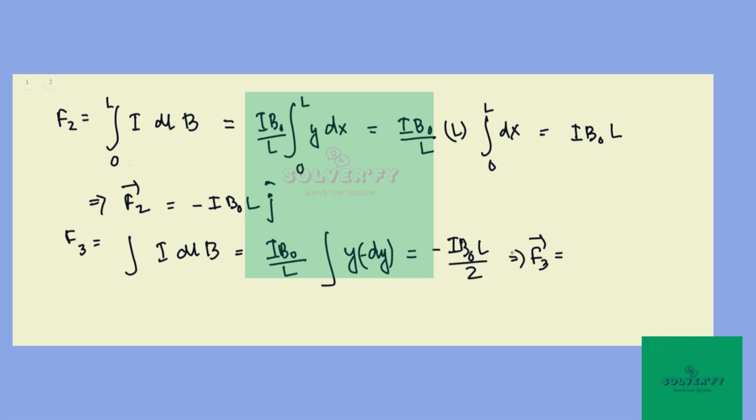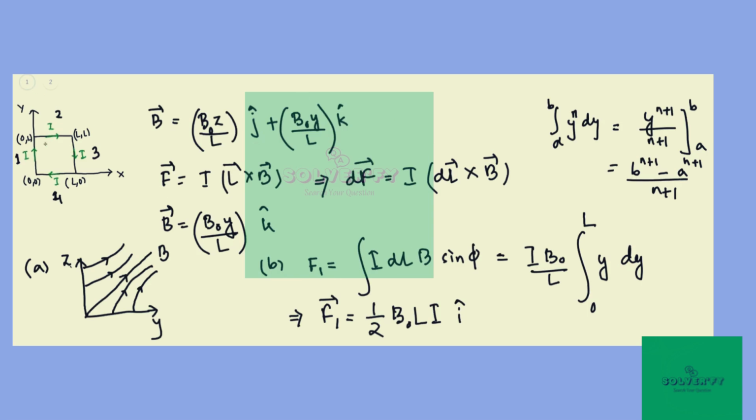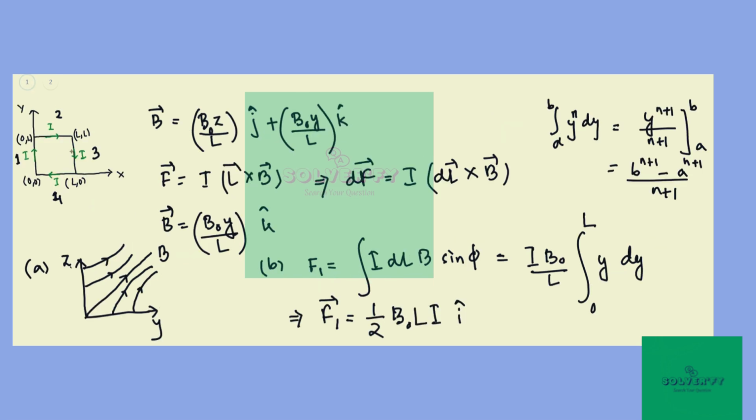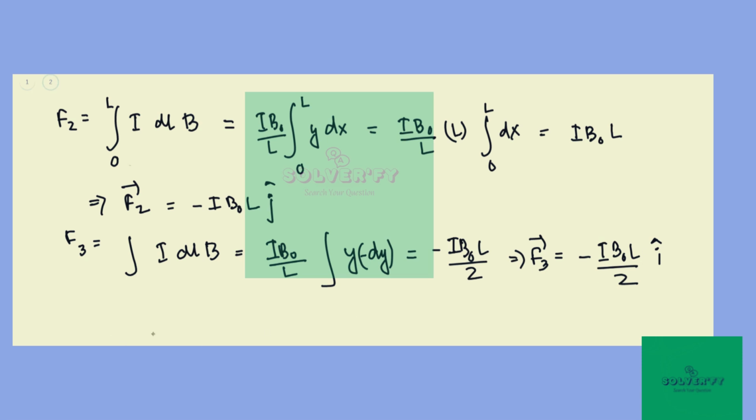And the direction, if you apply the right hand rule, you'll see that I is negative j cap and B is k cap. So j cap cross k cap is basically i cap. We can also not include the negative sign and do the cross product as negative j cap cross positive k cap, and you'll get the same answer.